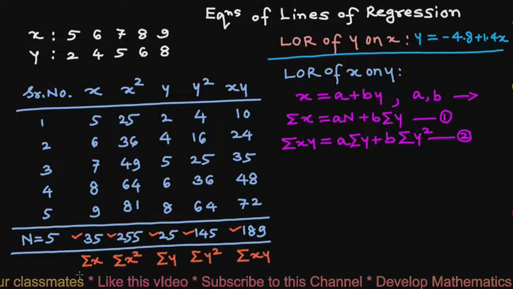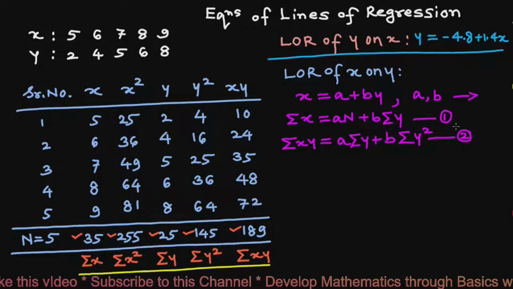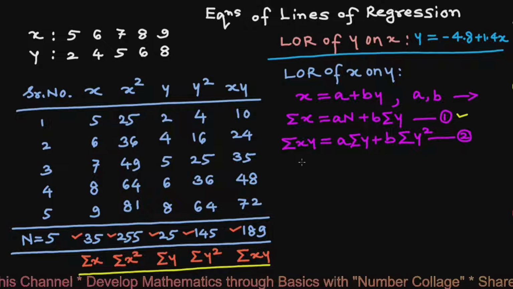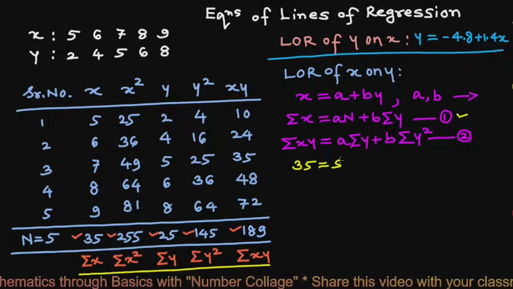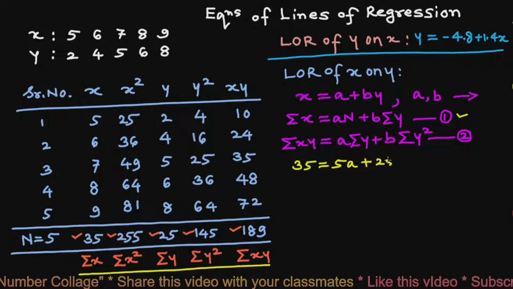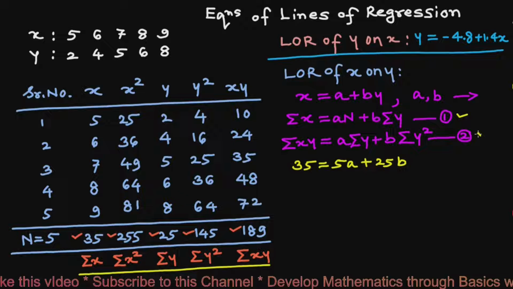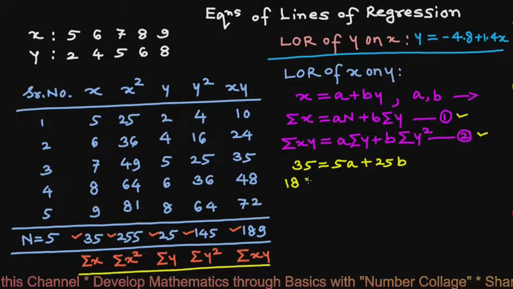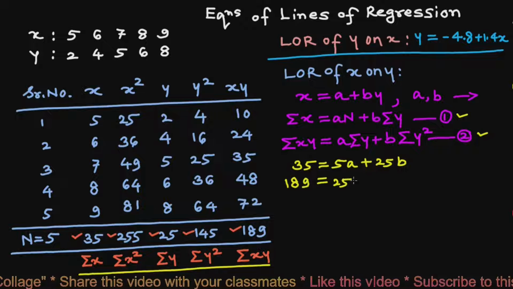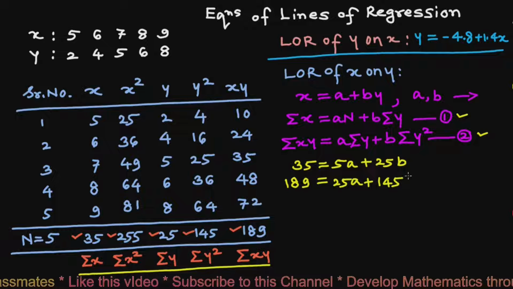After substituting the values from here, we get equation first as 35 equals 5a plus 25b. From the second equation, 189 equals 25a plus 145b.